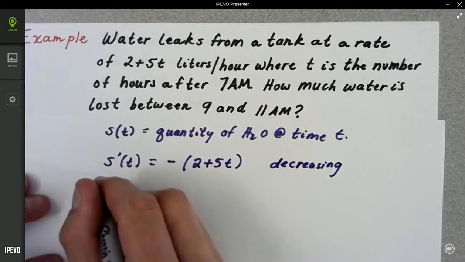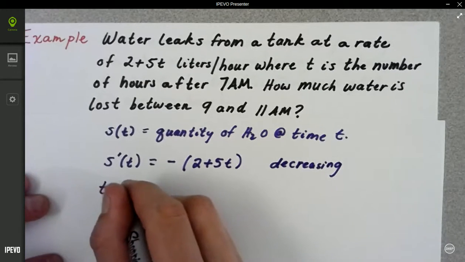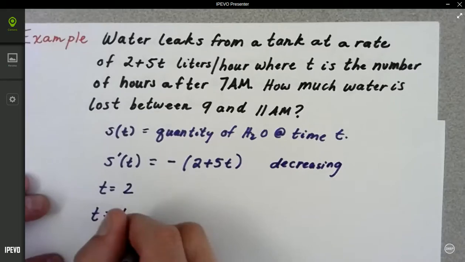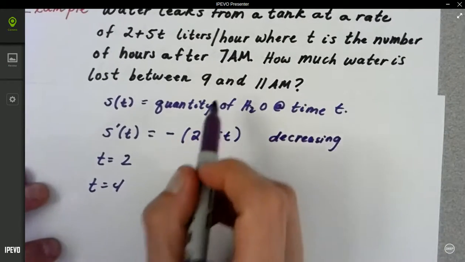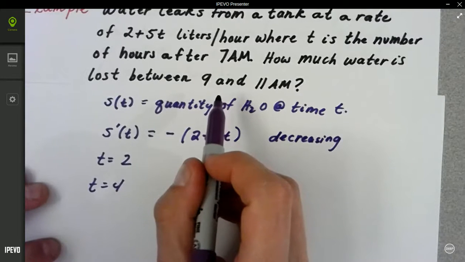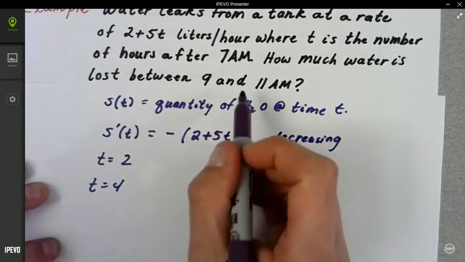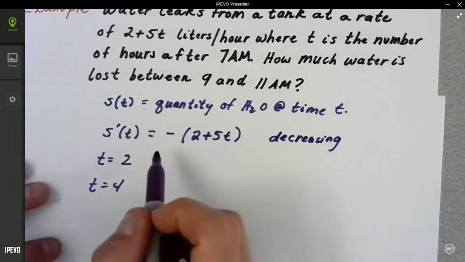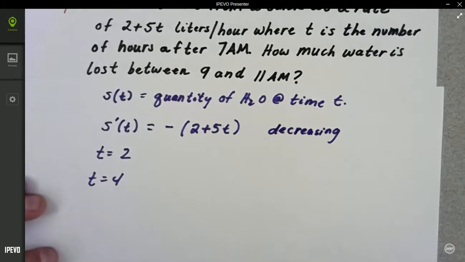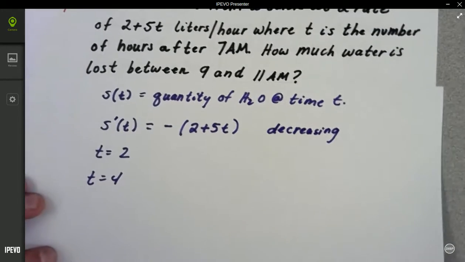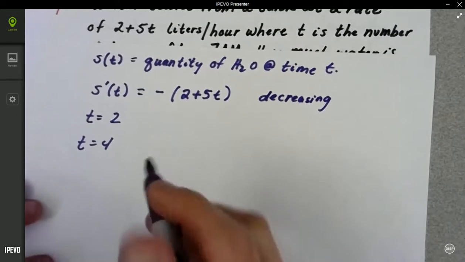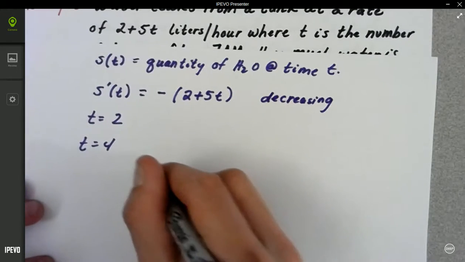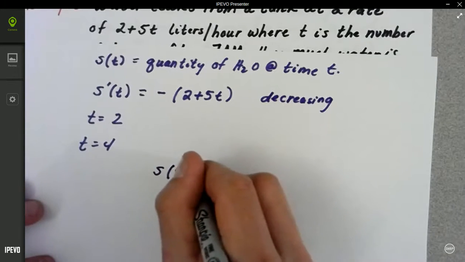We also know that t is between 2 and 4, because we're looking at the time after 7 a.m. 9 a.m. is 2 hours after 7, so t equals 2, and 11 a.m. is 4 hours after, so t is 4. We're looking at how much is leaving.